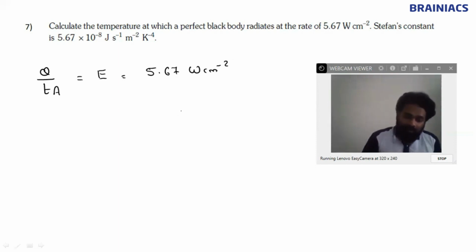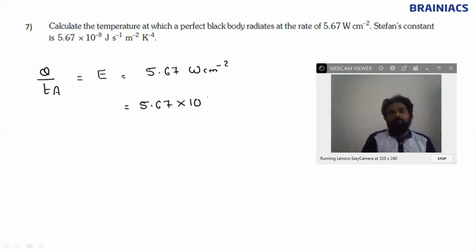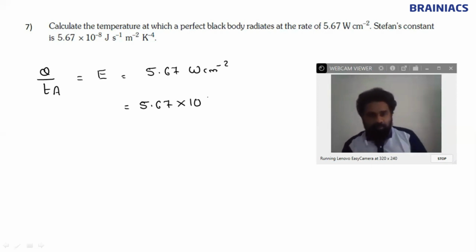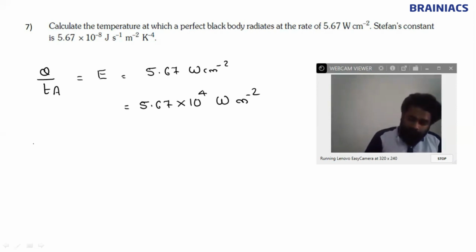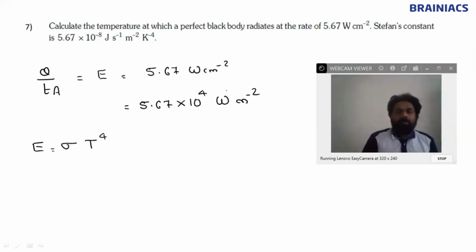Now we need to convert this into meter square, because Stefan's constant and everything is given in Kelvin and meter raised to minus 2. So 5.67, per centimeter square, so 10 raised to minus 4 should come in the denominator, so 10 raised to 4 watt meter raised to minus 2 we are getting. Now E is equal to sigma T raised to 4, and we need to find the temperature of that body.